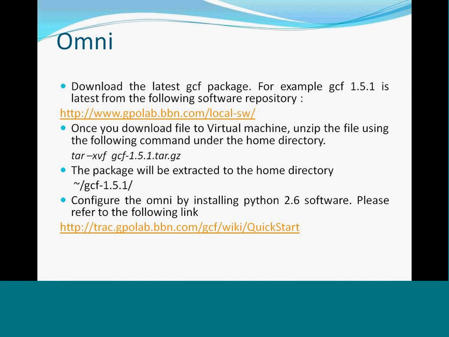You need to download the latest GCF package from the repository. Current version is GCF 1.5.1. Once you download the file to your virtual machine, unzip it using the following command. You can choose any directory, like your home directory.